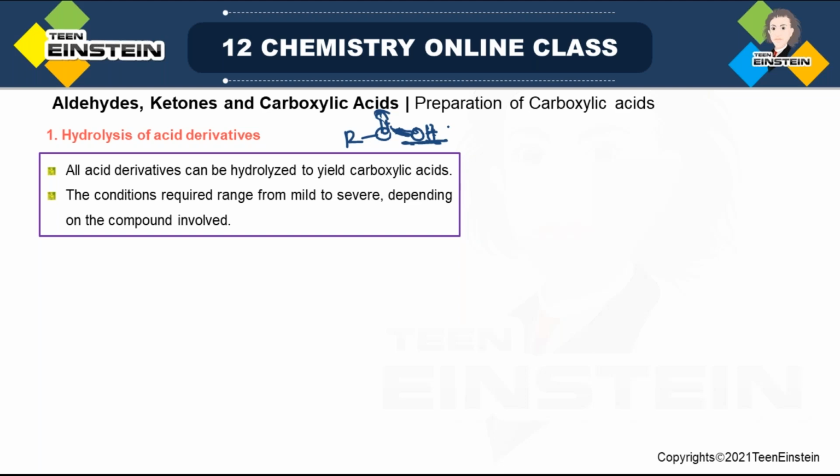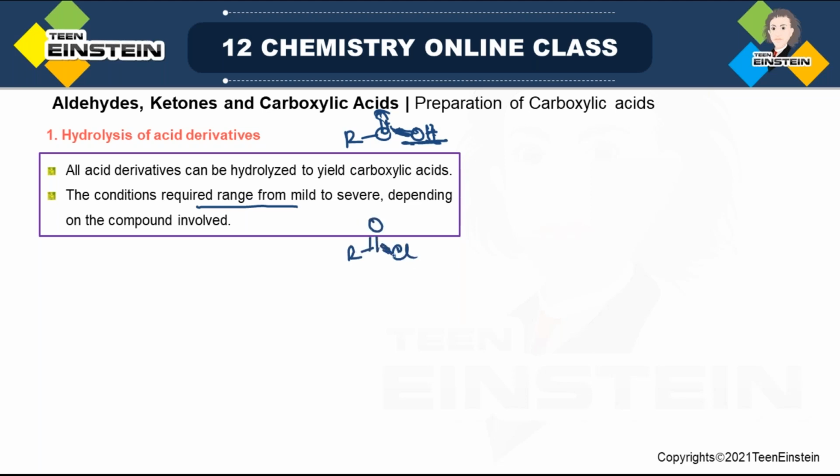But remember, all these derivative molecules do not have the same reactivity. So though in every case it is hydrolysis, the conditions required can range from mild to severe. When the acid derivative is very reactive, for example RCOCl, why?